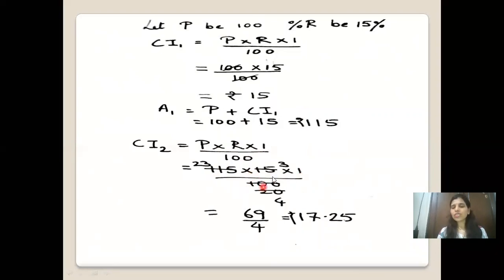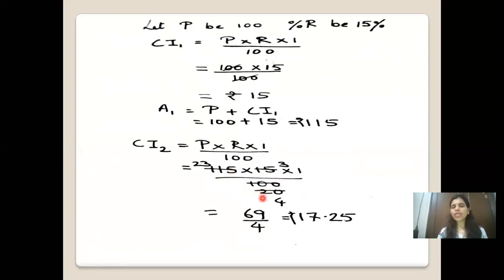Now, instead of dividing, what you can do is you can multiply 115 and 15 and then shift the decimal point to the left side. Or you can divide it the manner I have done. So here what I have done is you can see that all the numbers, if you check it with the divisibility of 5, as they have in the units place 5 and 0, they are divisible by 5.